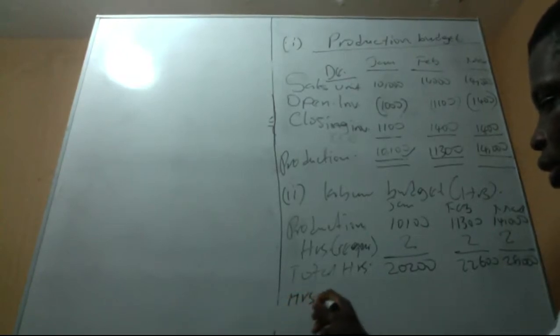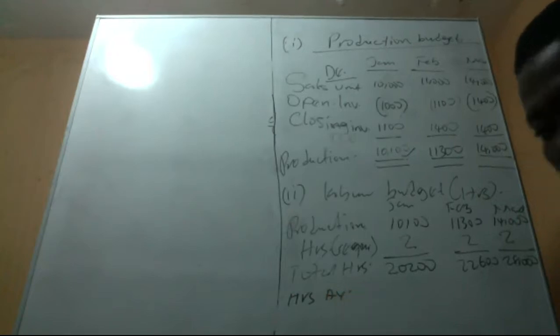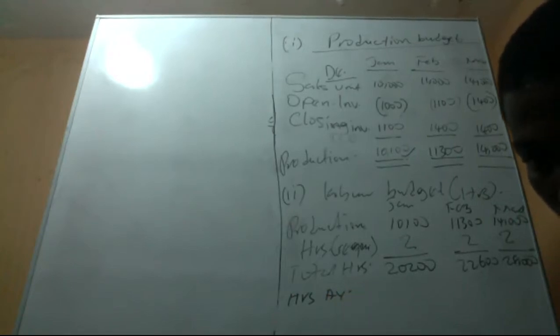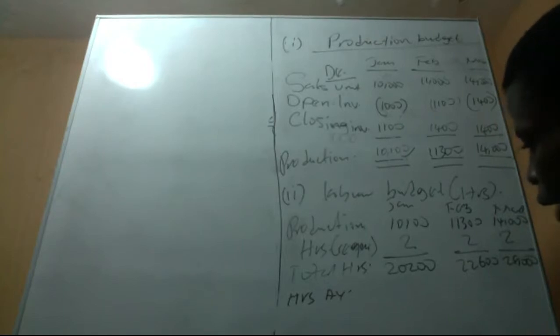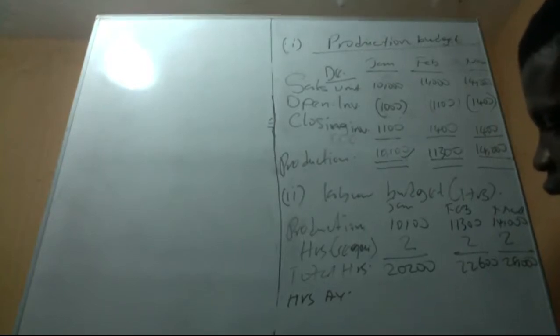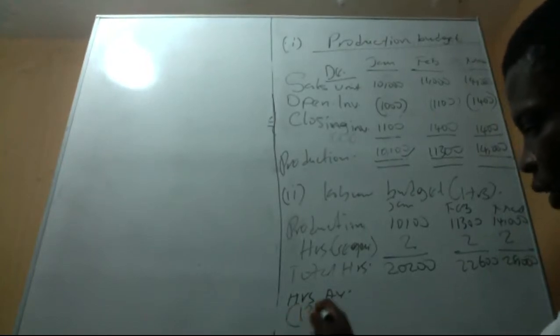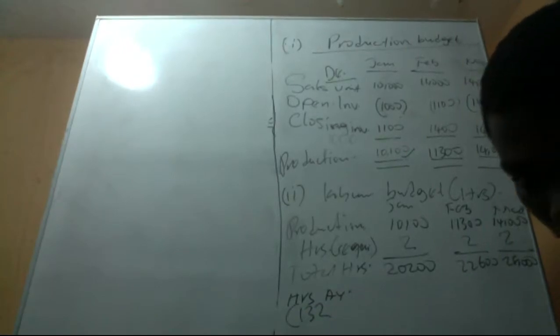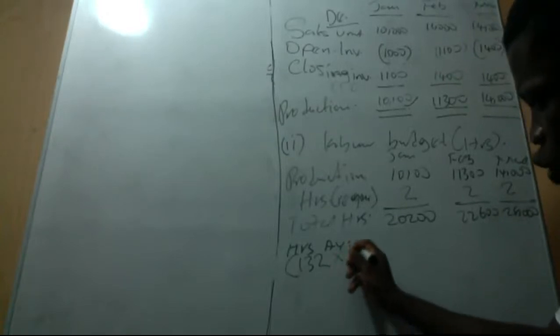Now let's see the hours available. They have 132 workers, agreed? Each of them works for how many hours? 160 hours per month.